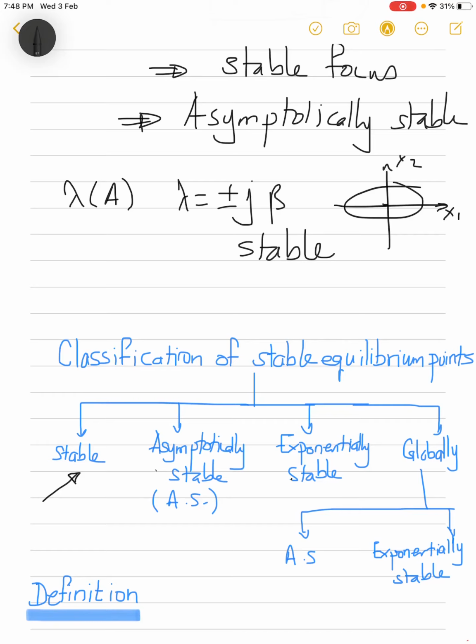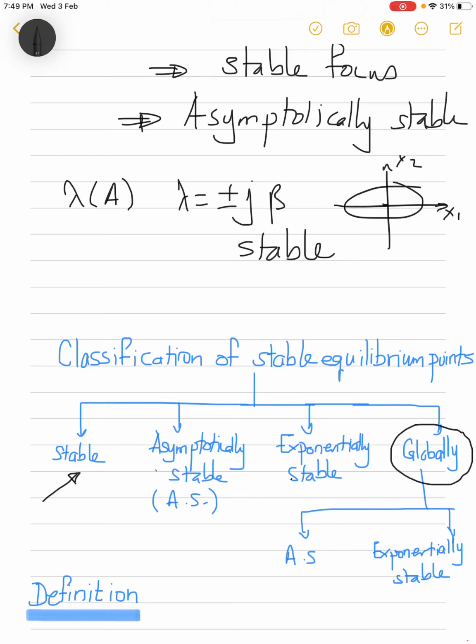However, the solution converges to the equilibrium point according to an exponentially decaying function. The three types of classes I just mentioned could be classified as local stability, because the region from where we can start is not really the whole state space. If it is the whole state space, then we talk about global stability.